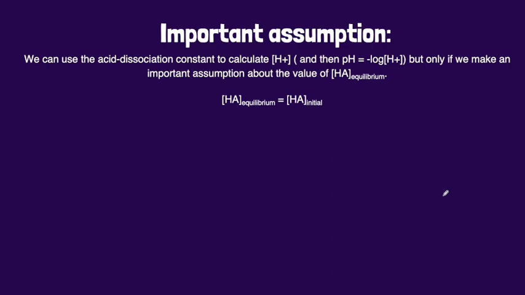So what we say is that whatever the concentration of our weak acid is at the beginning is the concentration that it has at equilibrium. Remember, this only applies to weak acids because we know that the initial and final concentration of a strong acid would be completely different because they 100% dissociate. So their concentration of H plus ions is going to be very different.